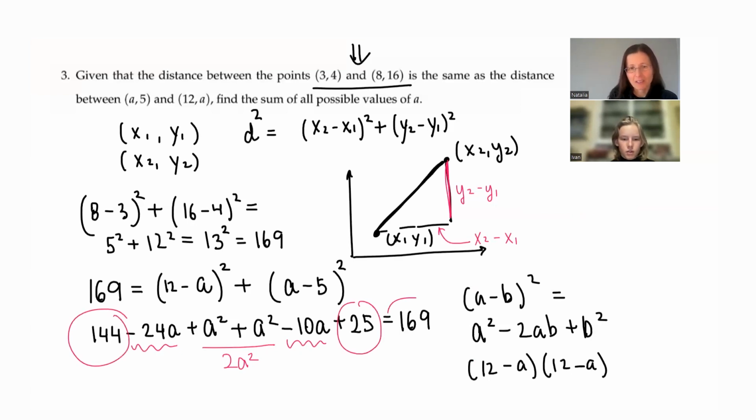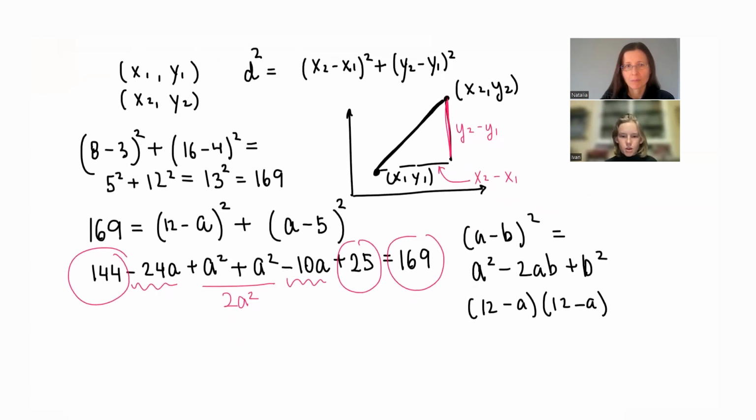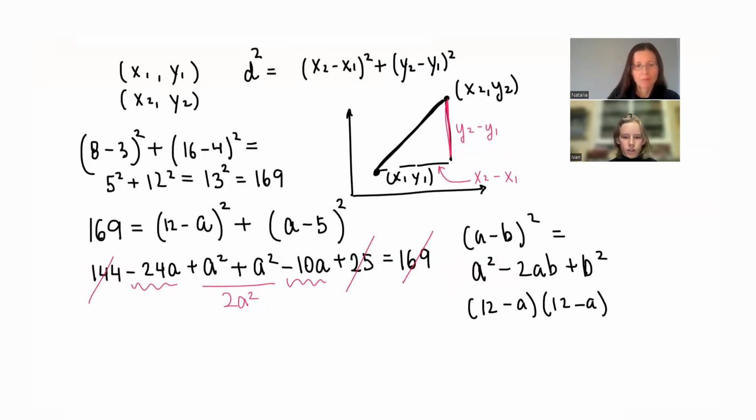We have 144 plus 25, so that's 169 on each side. The numbers cancel, and we're left with 2a squared minus 34a equals 0.